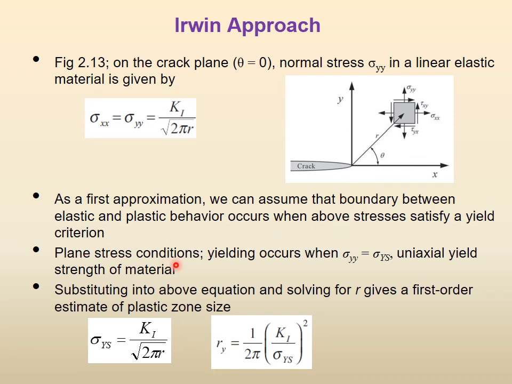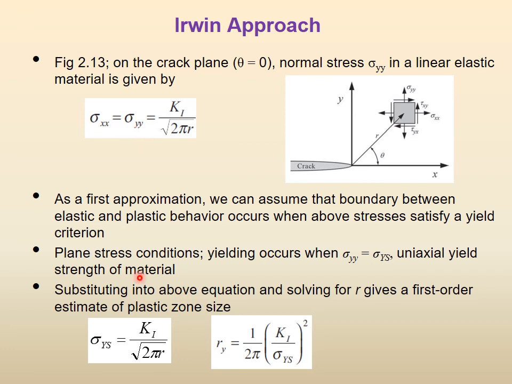Under plane stress conditions, yielding occurs when sigma yy becomes the yield stress, the uniaxial yield strength of the material. Sigma ys is the yield strength of the material. So we are defining what will be the size of the plastic zone. The plastic zone is there because there is some yielding at the crack tip. So instead of sigma y, put sigma ys, the yield strength.